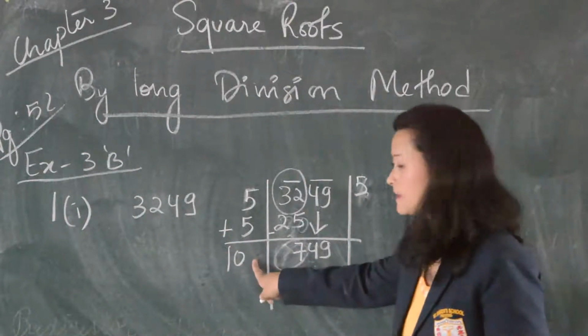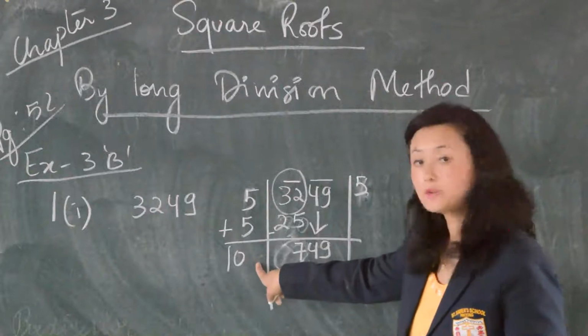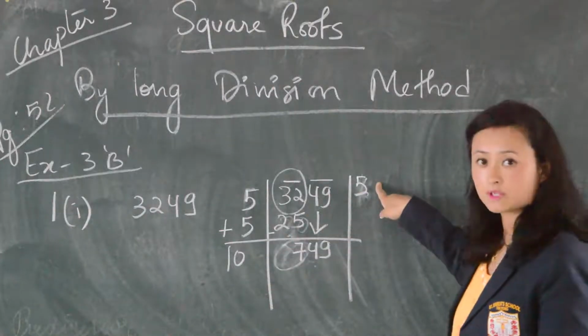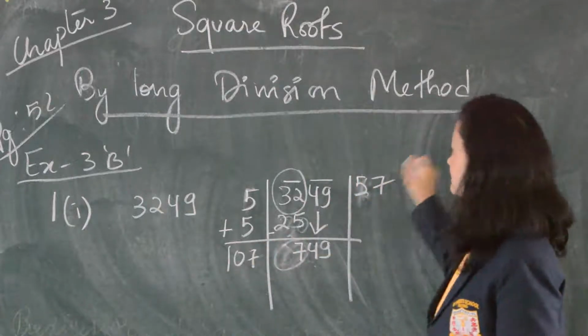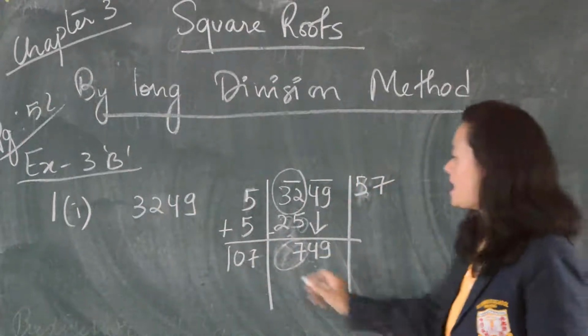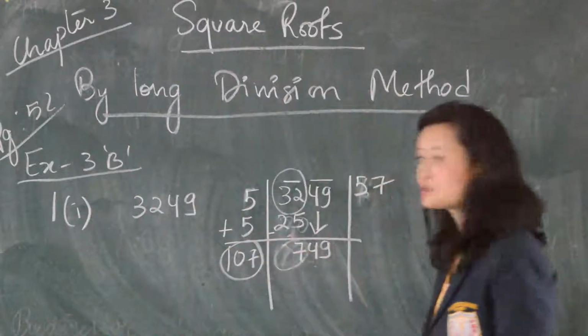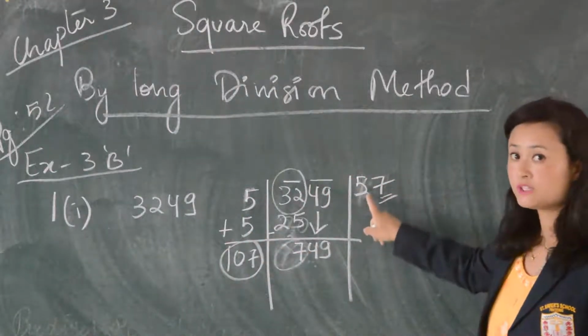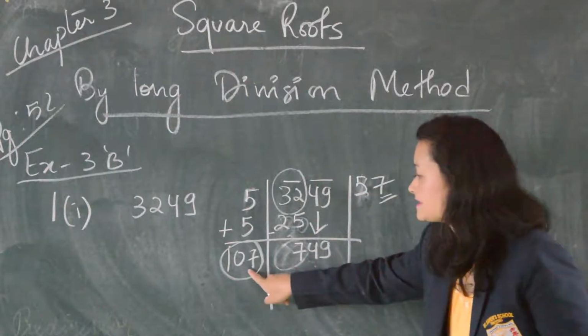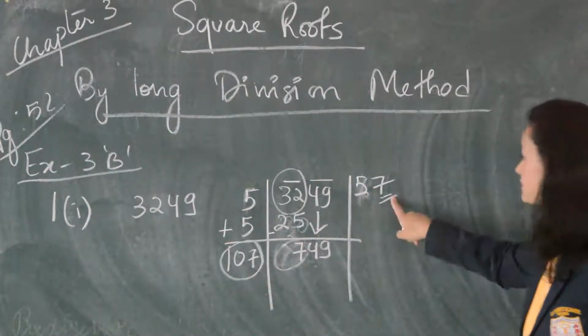So what should you multiply over here with? Whatever you write here, you have to write the same number here. For example, if you write 7, you have to write 7 here. And this 107 has to be multiplied only with 7, not with 5. This whole number, 107, has to be multiplied with 7.